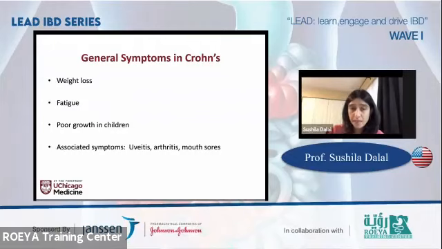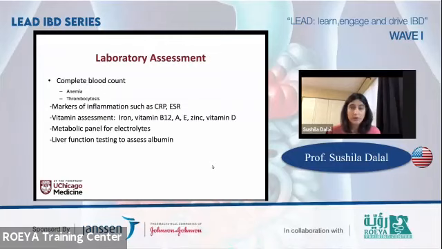So after we've taken this history and we understand these clinical symptoms, what are some of the laboratories that can give us a clue that this could be Crohn's disease inflammation? When we do a complete blood count, we may find anemia. Of course, inflammation in the GI tract is a source of iron loss, so iron deficiency anemia can occur.